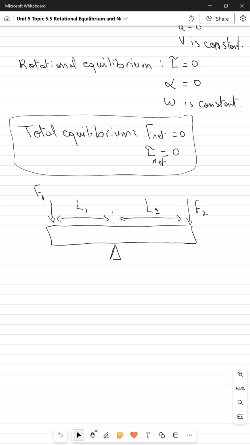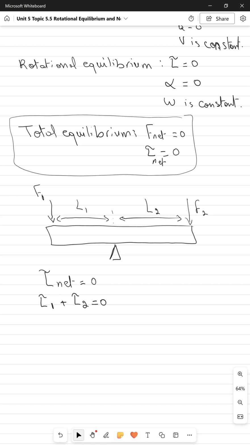We mostly use those for hydraulics, for lifting and such things. What we can do is the net torque is equal to 0, and it means torque 1 plus torque 2 will be equal to 0.